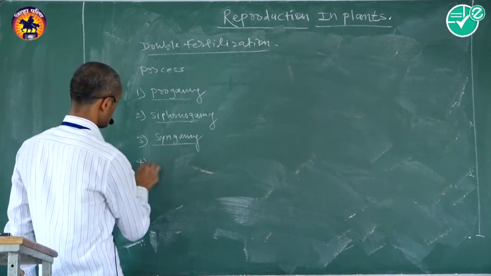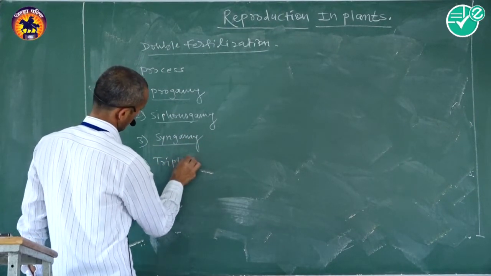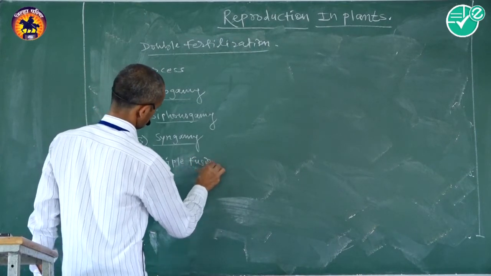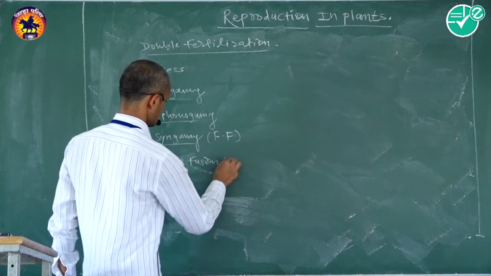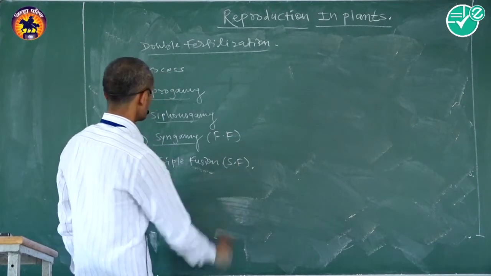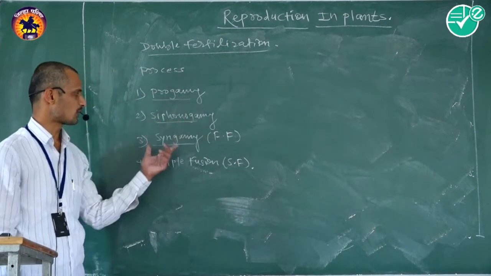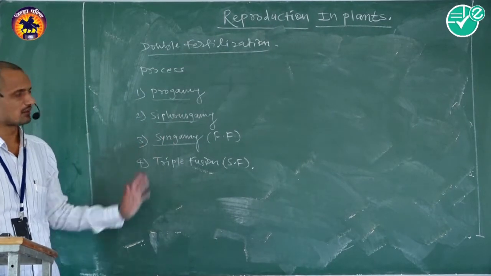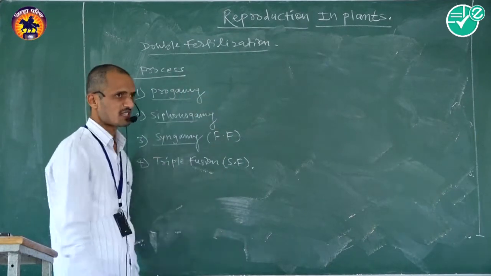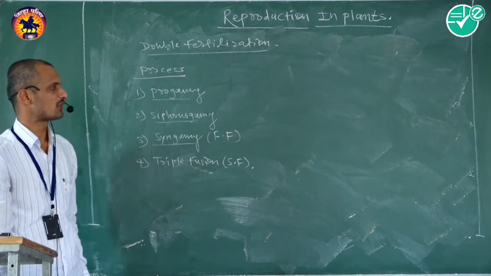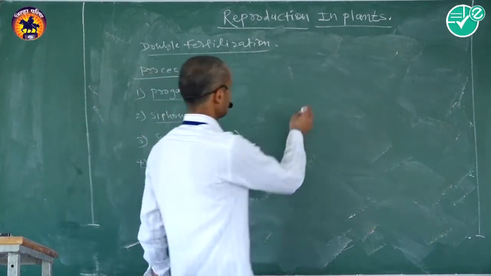And fourth one is triple fusion. Progamy, sphanogamy, syngamy and triple fusion are the 4 steps of the process of double fertilization in angiosperms.